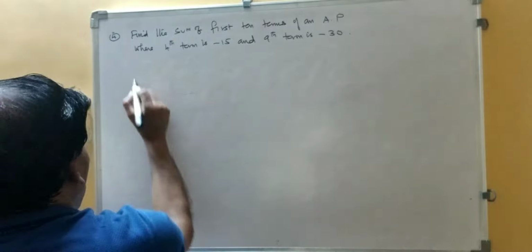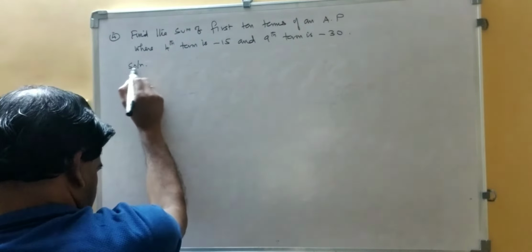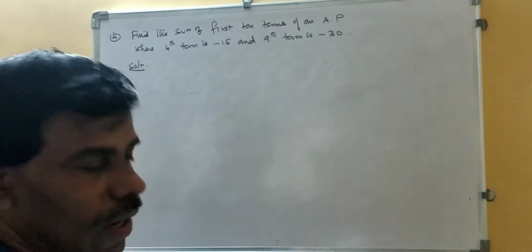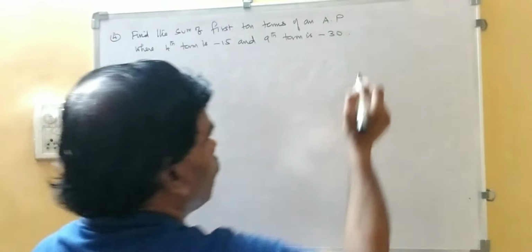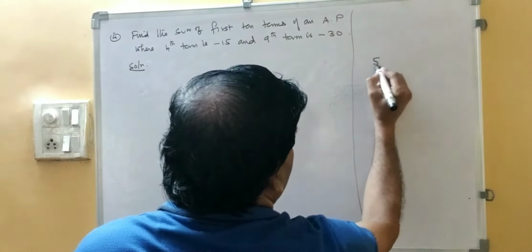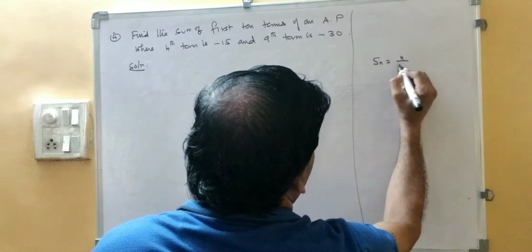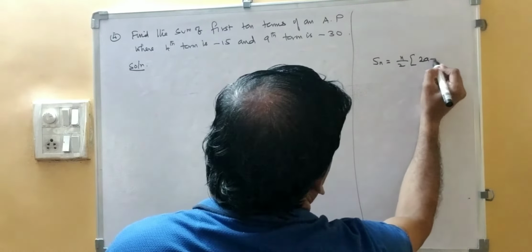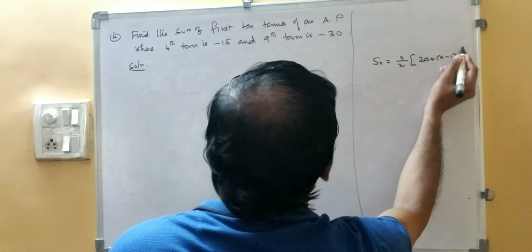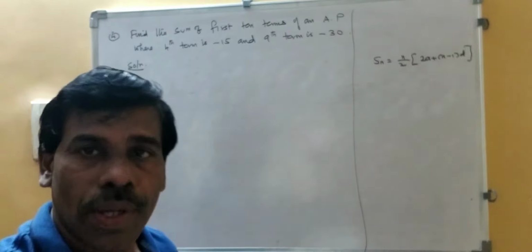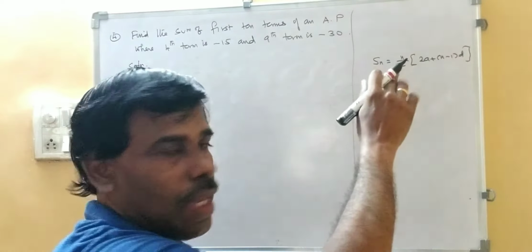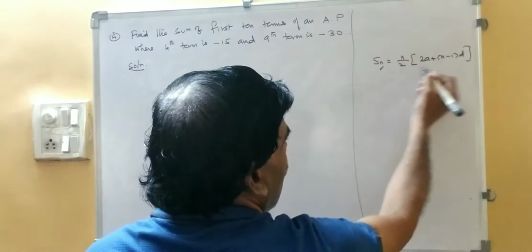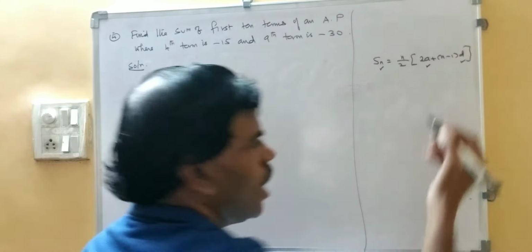Okay, now listen very carefully. You have to find out the sum of first n terms. Okay, now Sn you have to find out. N by 2, 2a plus n minus 1 into d. So, in order to find out the sum of any terms of AP means you need to have n, a and d.